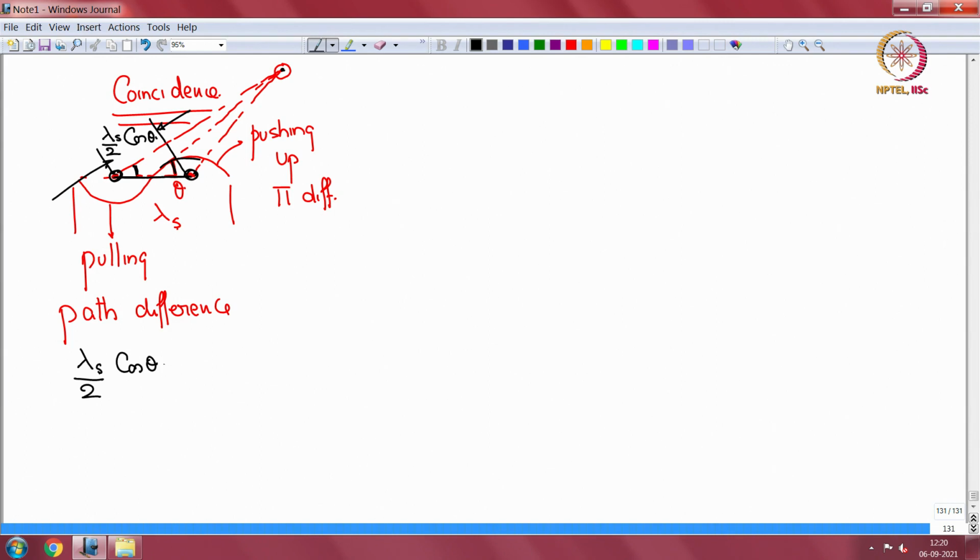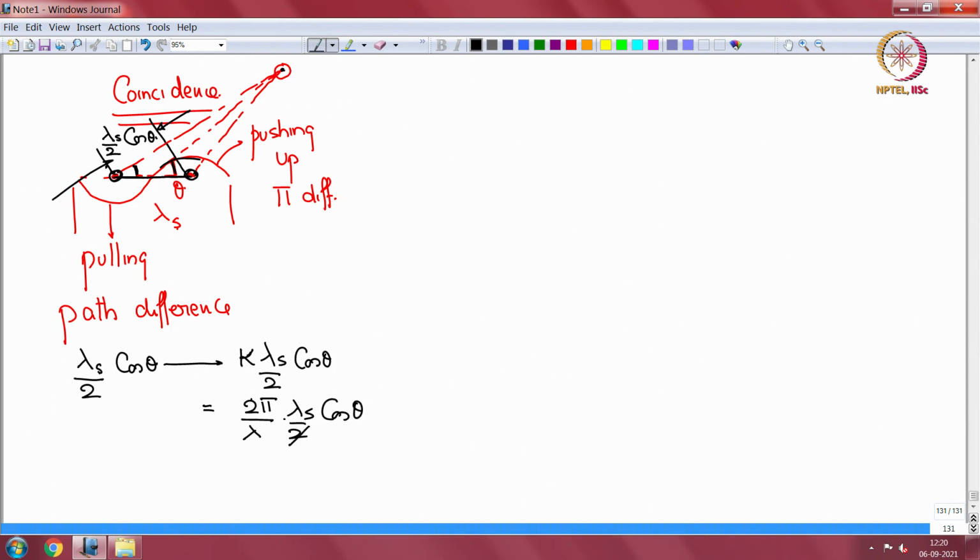This path difference amounts to what phase difference? It is just multiplied by k, because k, the acoustic wave number, is phase difference for unit distance. So, k times lambda s by 2 cos theta. Now, if you write k in terms of lambda acoustic, it is 2 pi by lambda acoustic into lambda s by 2 cos theta.